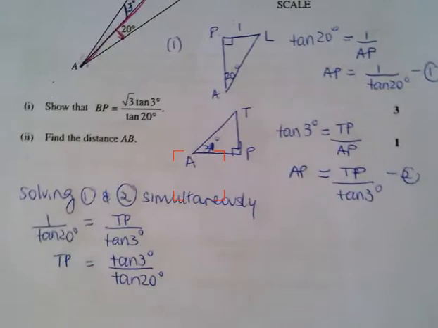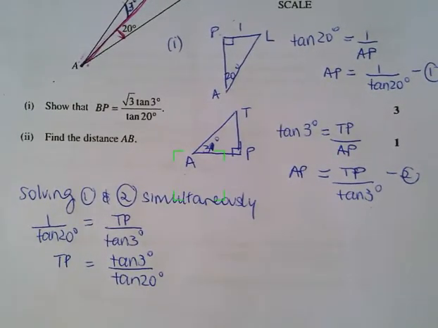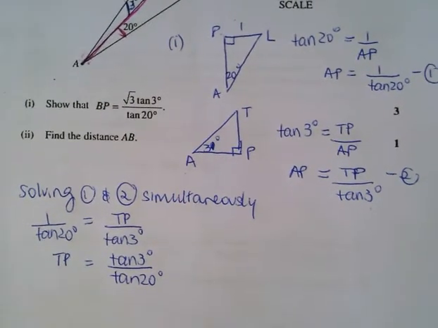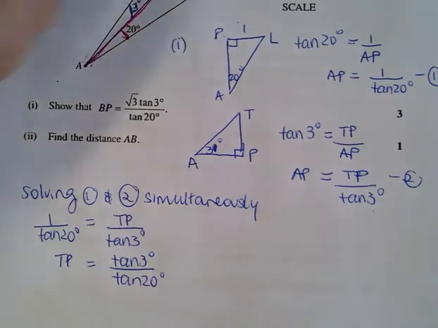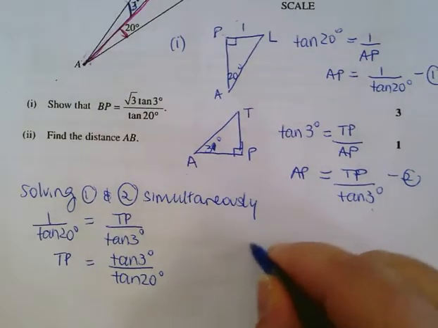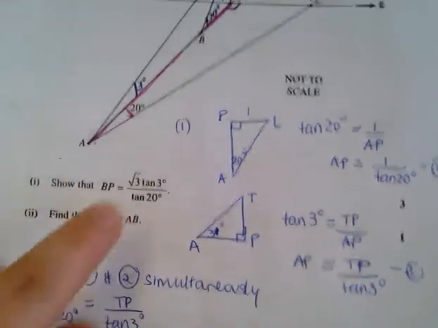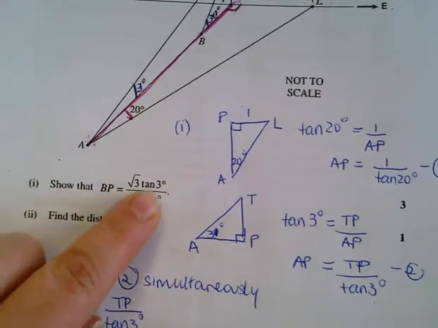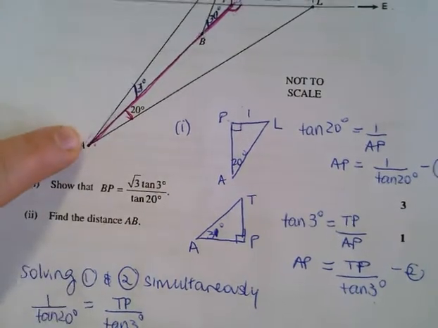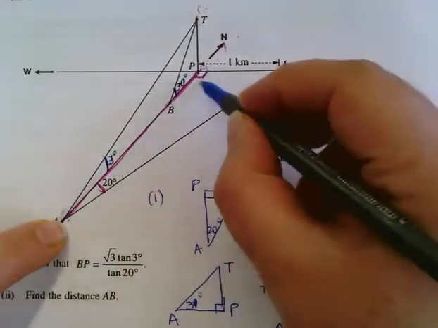Now we have to come up with an expression for BP. So let's draw the BPT triangle. How did we know what to do? You look at what you're trying to get. Tan of 3 degrees tells you I have to use this big triangle.